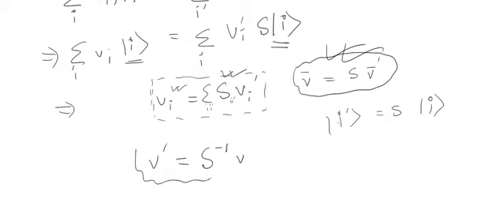So using this, we are going to see something called a similarity transformation, and you can easily verify that the vector itself will be invariant under this kind of transformation.